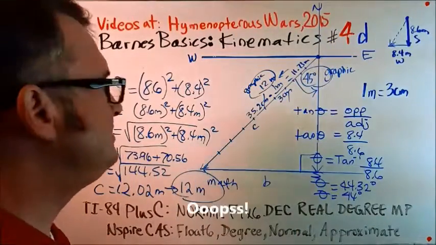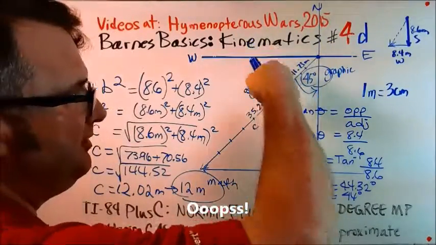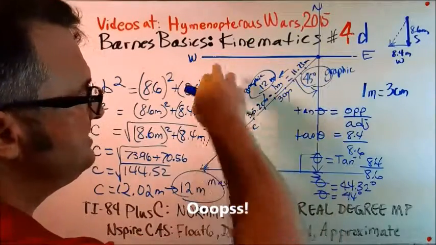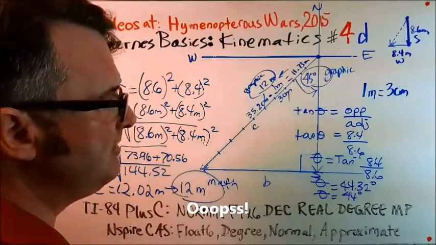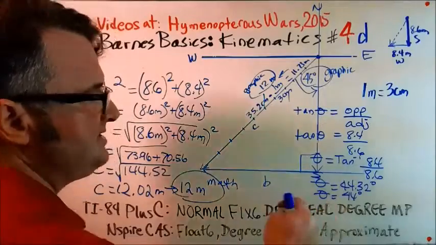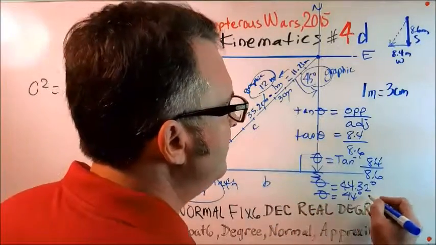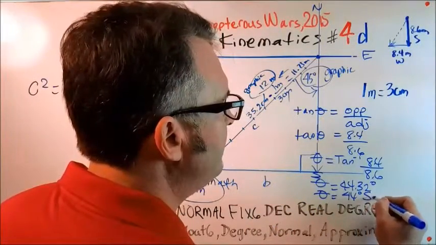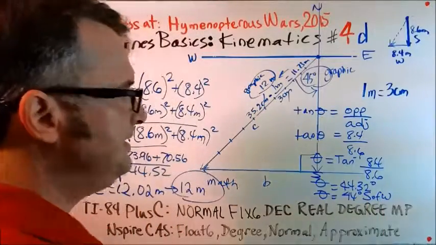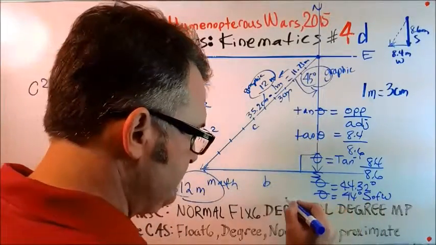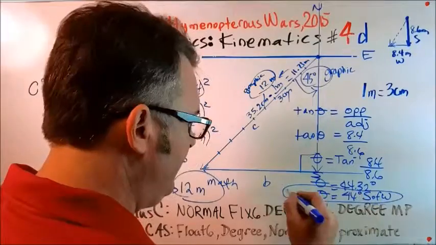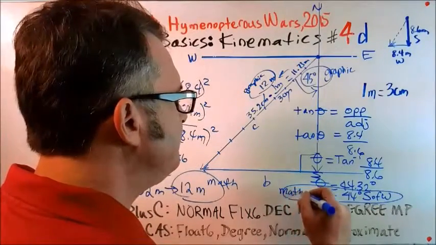If he or she does, then we're 45 degrees south of west. That's how we would say that. In this case, mathematically, we would say 44 degrees south of west.